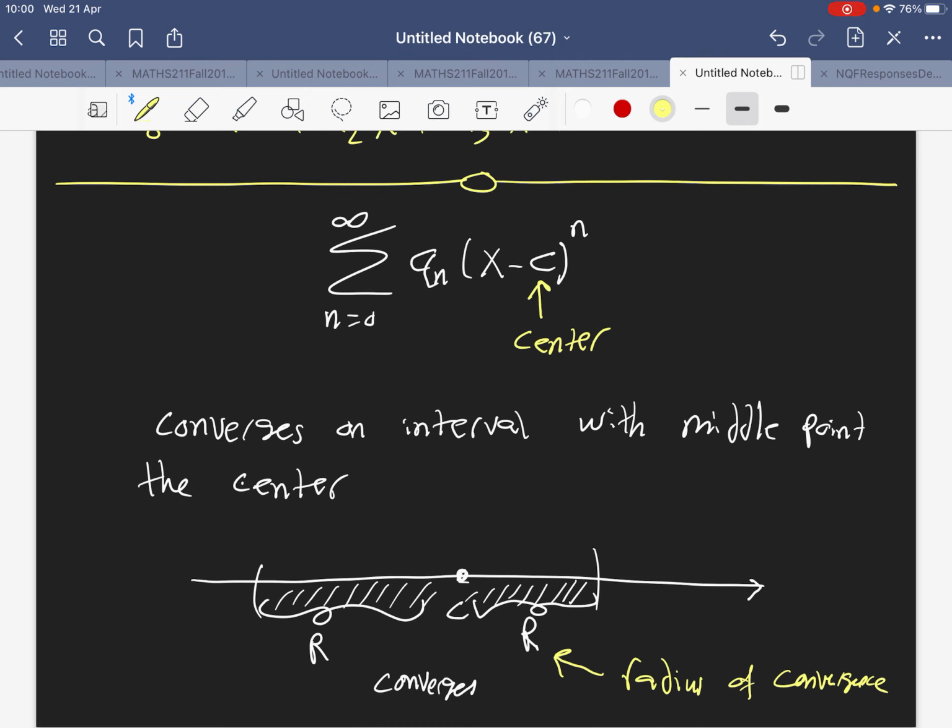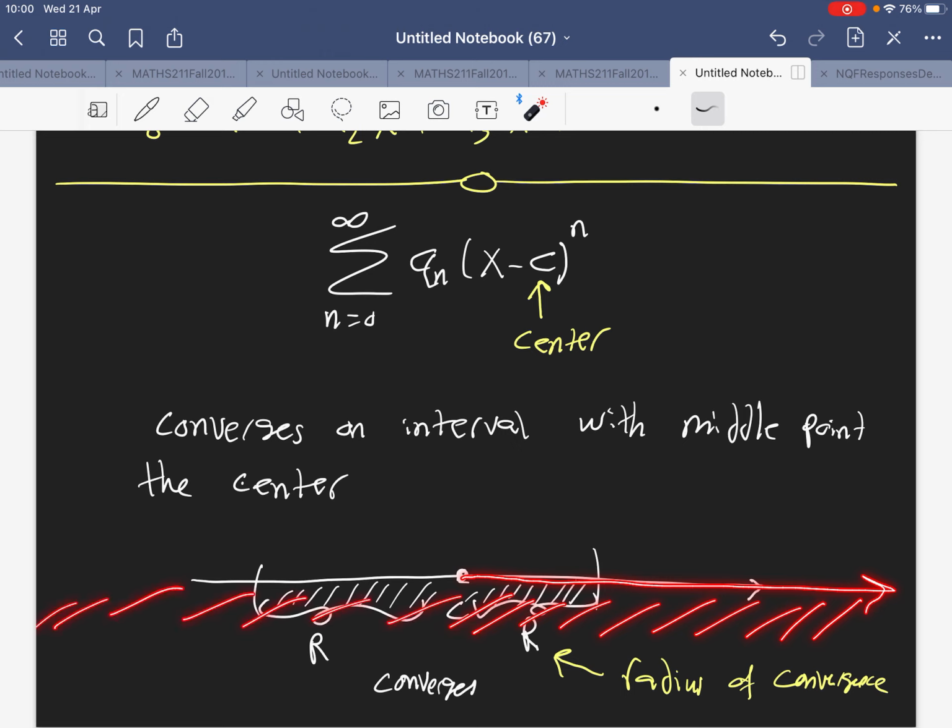And that's exactly what you need to find. You need to find R, so that you know how long your interval is. Finding R will tell me how long my interval of convergence is. Now this R can be as long as it could be. It can even be infinity, which means everything converges.